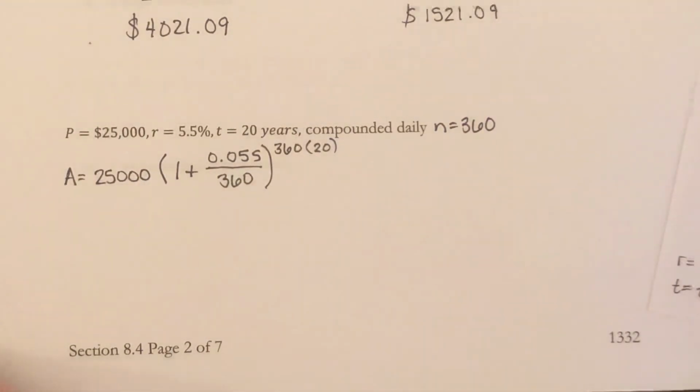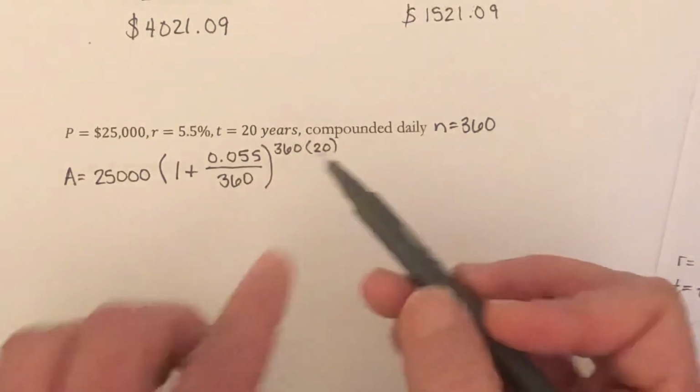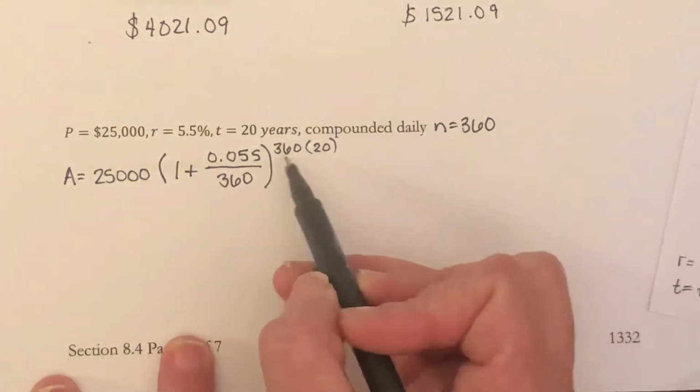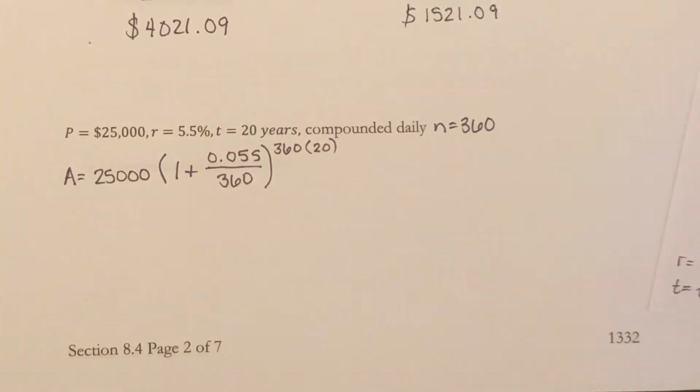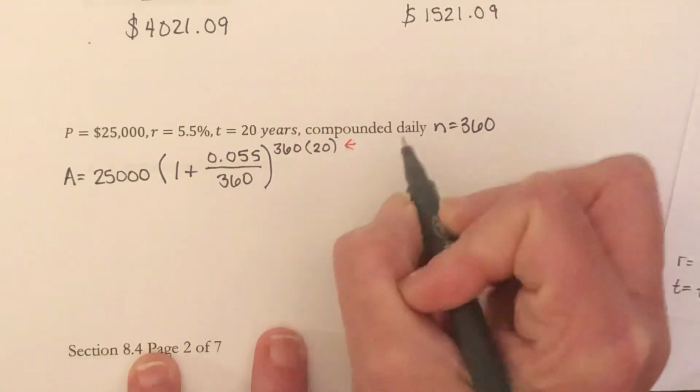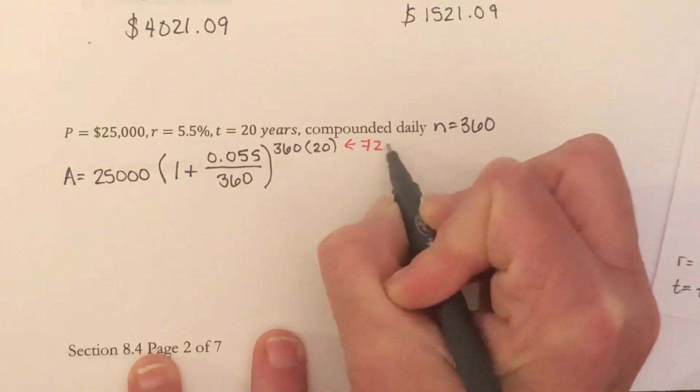Okay. Now, you want to be careful entering this into your calculator. I suggest doing it in steps, not entering it all in at once, because it's very easy to make a little mistake. What I'm going to do here is quickly calculate what that exponent should be, so I don't have to enter that part. 360 times 20, that exponent is 7,200.